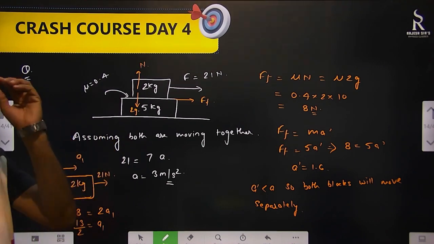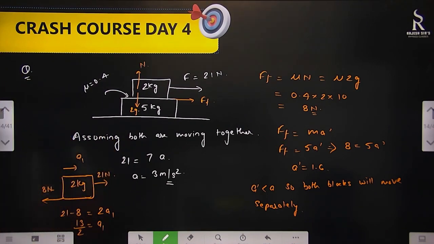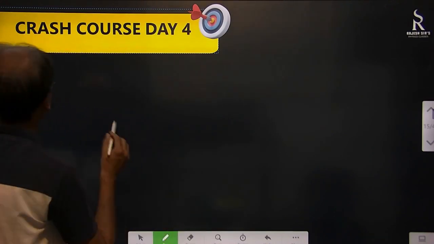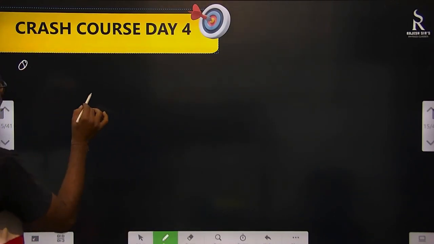These are block on block questions. Okay, other than this, now there are simple questions. In laws of motion we saw similar questions, so we can do it that way also.